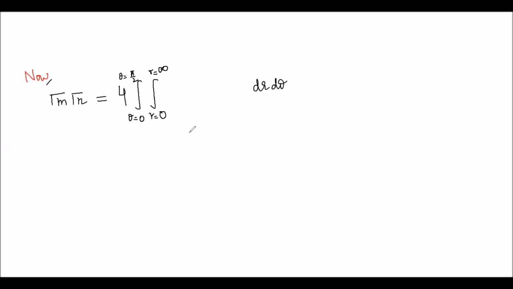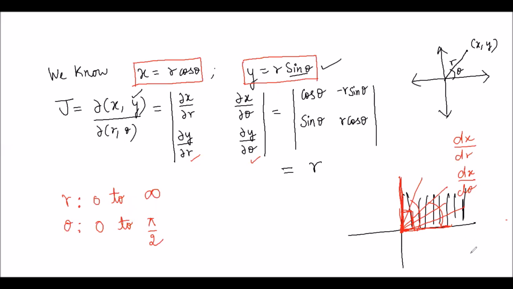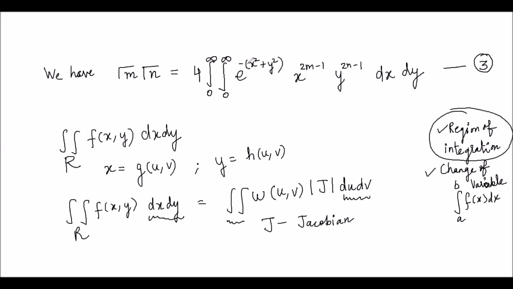What is our integrand? e raised to power minus (x square plus y square). When we put x as r cos theta and y as r sin theta, x square plus y square will simplify to r square. So it will become e raised to power minus r square.